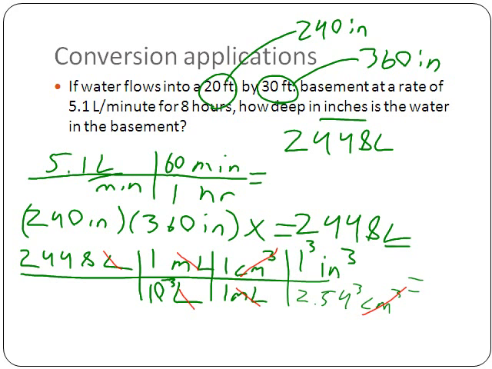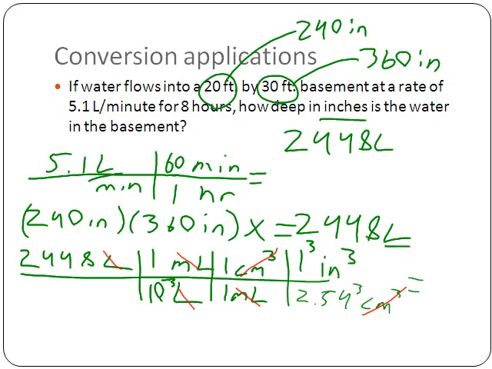Doing so, we say 2,448 times 1 times 1 times 1 cubed divided by 10 to the negative third, and then divided by 2.54 cubed. Doing so, I get 149,386.